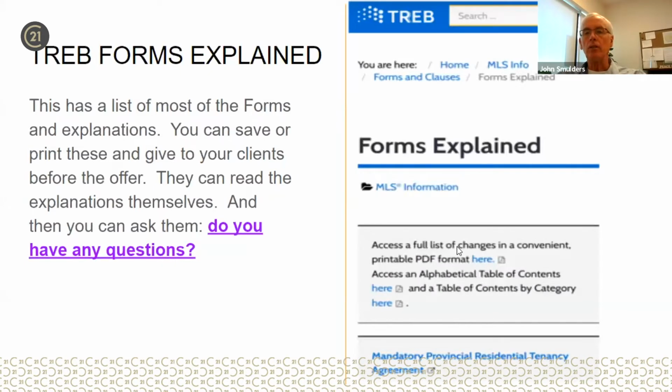So before we get started too far, in TRREB Forms Explained, and you can see the screenshot on the right-hand side, at the top it says, "You are here." I had to do this off my phone, but if you follow this path from Home, MLS Info, Forms and Clauses, Forms Explained, you will get to a section in the Toronto Real Estate Board that has each paragraph of not only the buyer representation agreement, but just about every mostly used document.